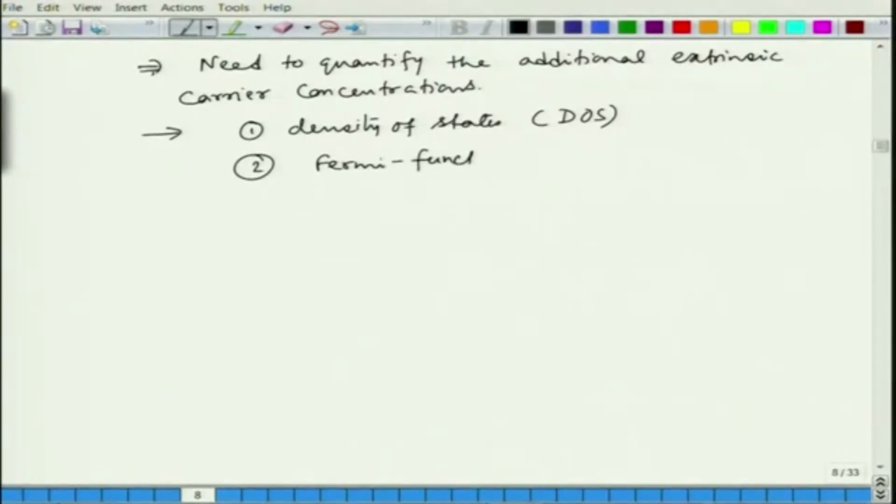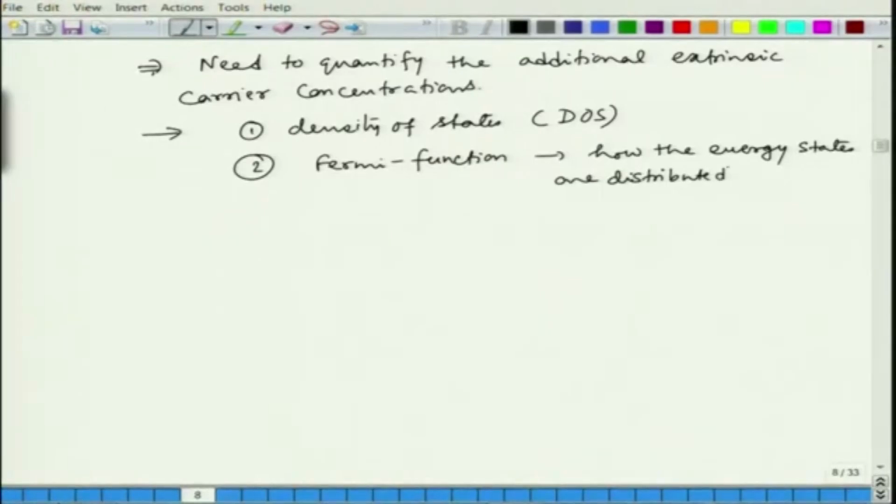Okay? Fermi function is a function which tells us how the energy states are distributed.